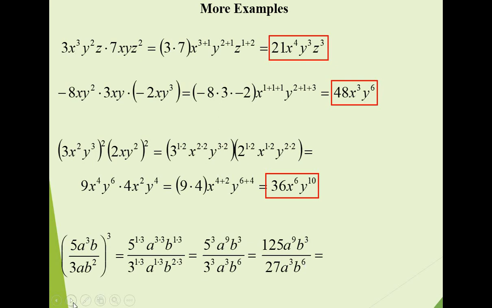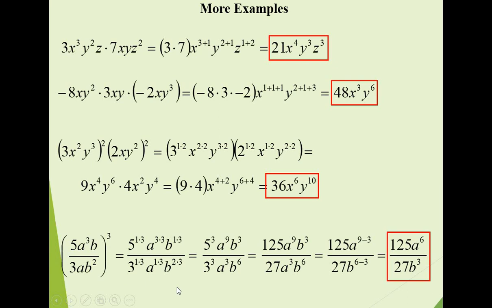And this is how you would write it. So there, it's just basically 125 over 27, and a to the 9 minus 3 over b to the 6 minus 3, right? Which gives you a final answer of 125 a to the 6, all divided by 27 b to the third. All right.